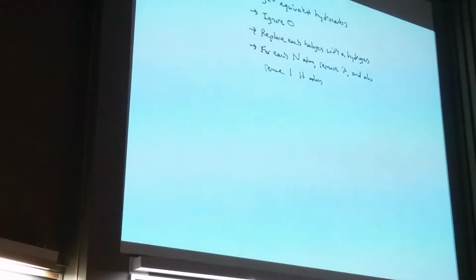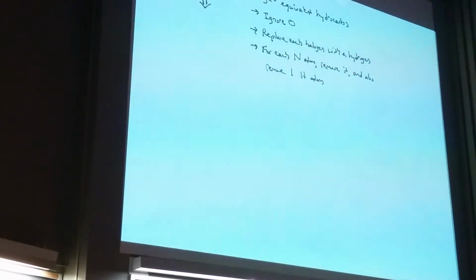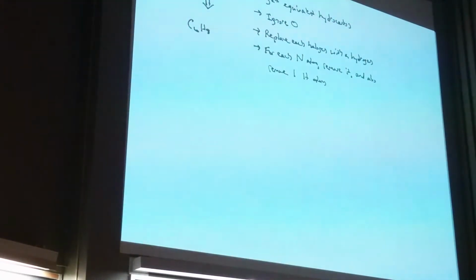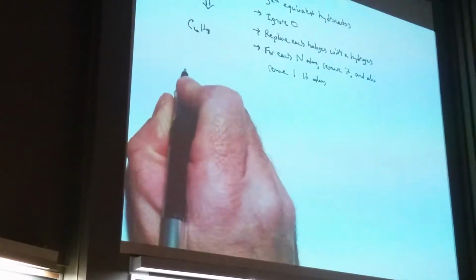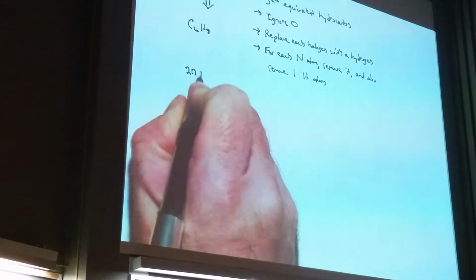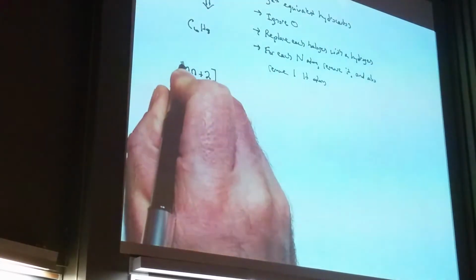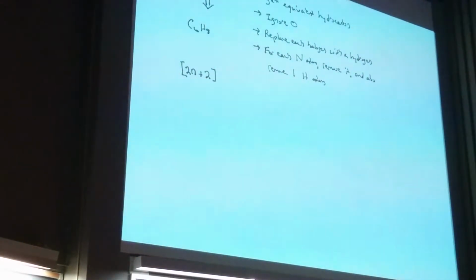So what's the equivalent hydrocarbon formula for this oxygen-containing molecule? What do I got to write if I want to pretend this is a hydrocarbon? C6H8. I just ignore the oxygen. Well, all we've got to do to calculate our index of hydrogen deficiency, our saturation number, is we take, I'll just write the generic formula, 2n plus 2, where n is the number of carbons.